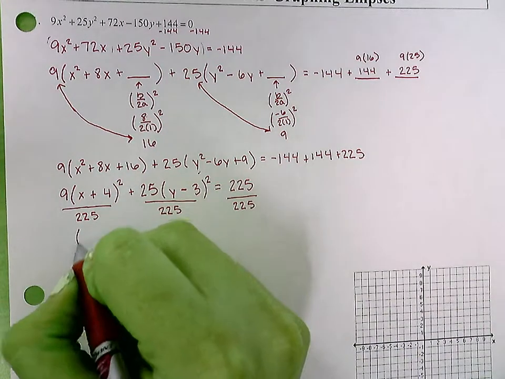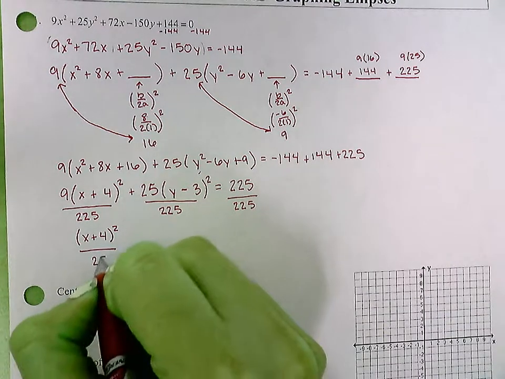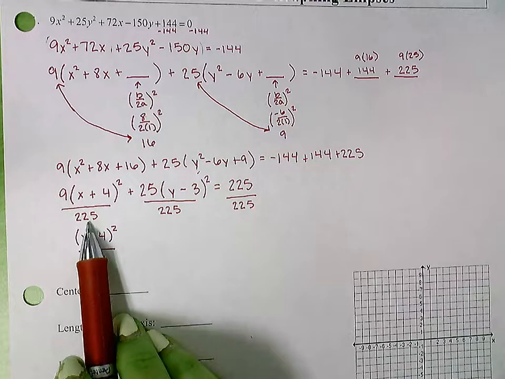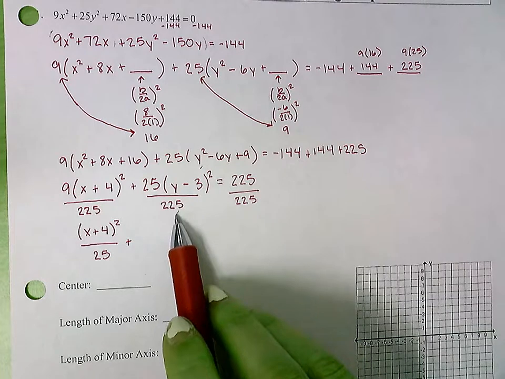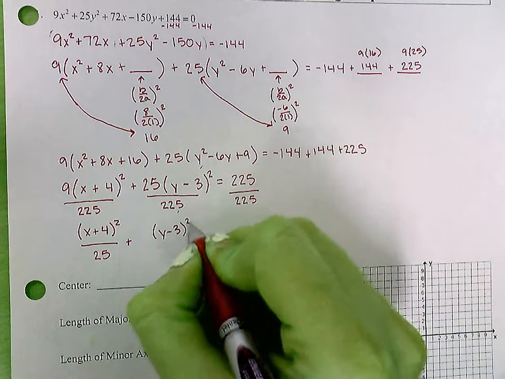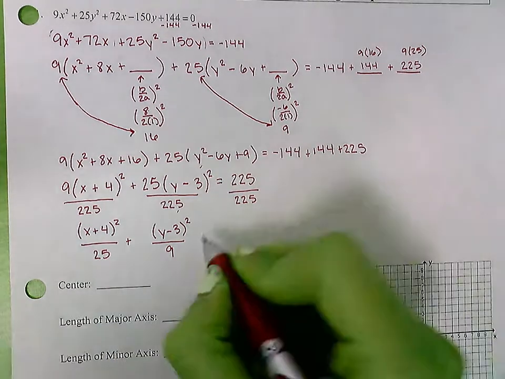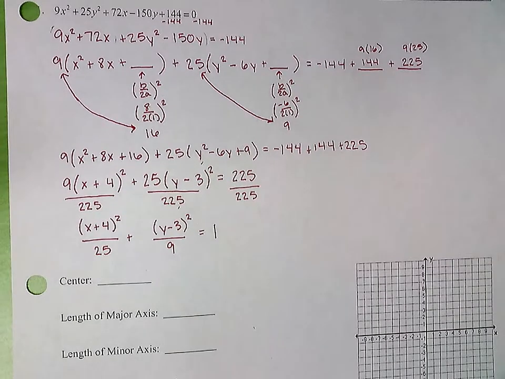So I'll end up with (x + 4)² over 25, since I'm dividing both of those by 9. For this one, I'm dividing both by 25. When I divide over here, I should end up with 1. And this would be your standard form.